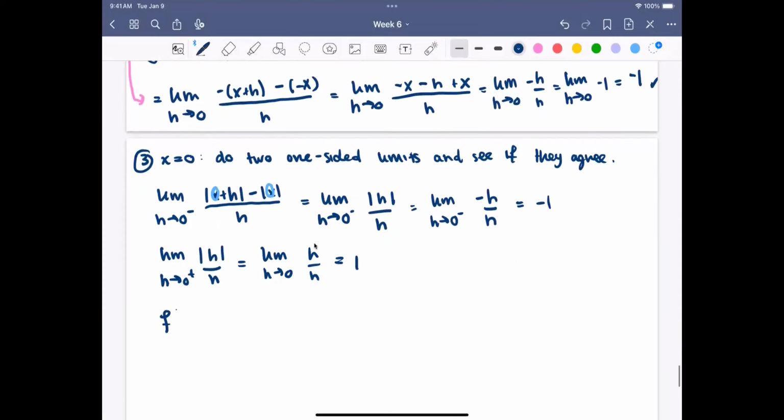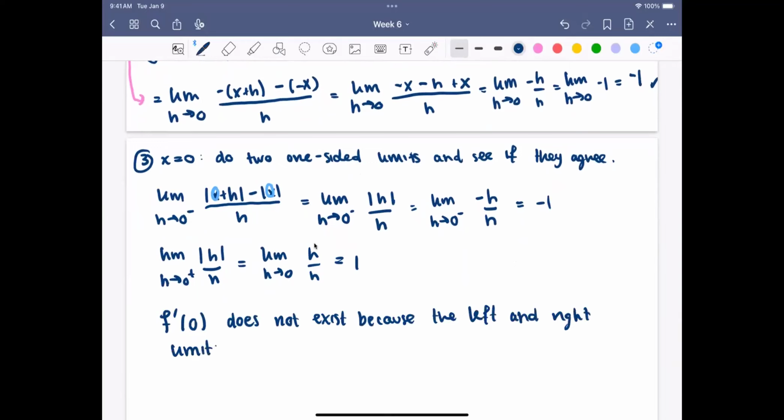So f prime of 0 does not exist because the left and right limits do not agree. So that means that f is not differentiable at x equals 0.